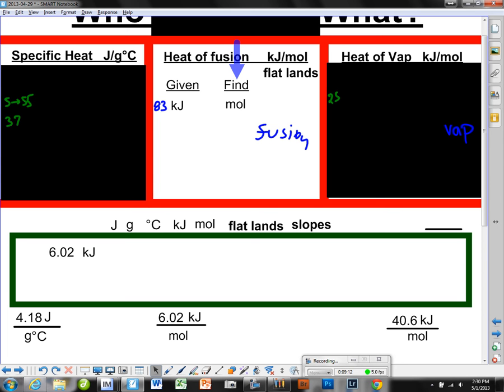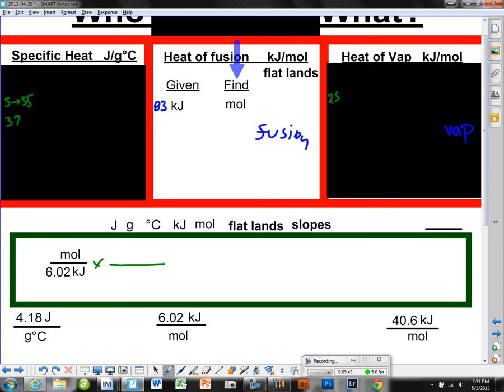Okay, so I'm going to make this into a fraction, and when I do that, I've got to take the 6.02 to the bottom, right? Is there anything else that has to go to the bottom? You bet, kilojoules. Kilojoules has to go down, and we've already mentioned that moles will be on the top. Now, what's our first fraction going to look like?